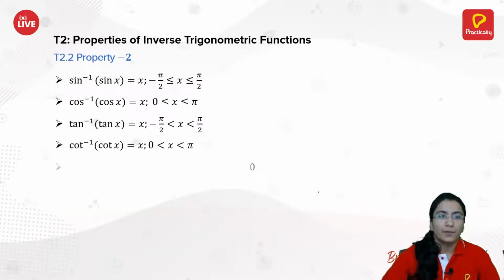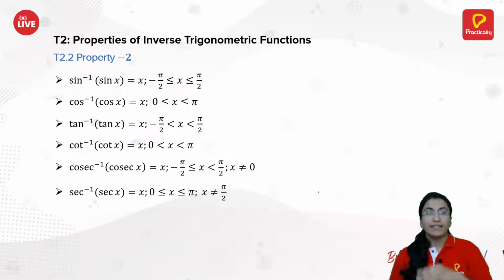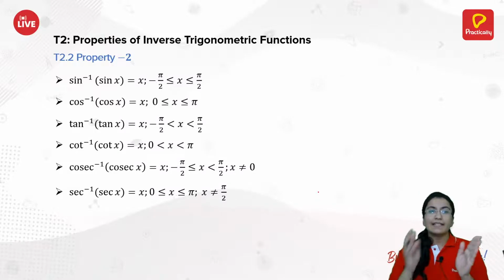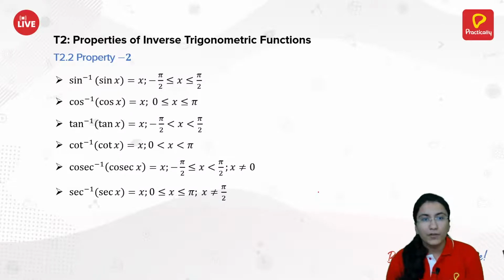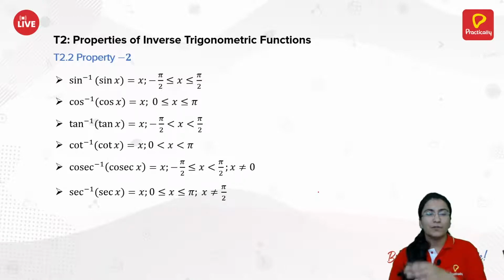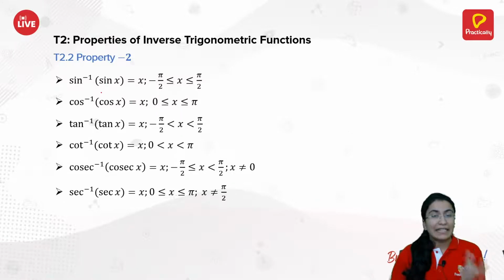Okay, next is property 2. In the previous one, we had sine of sine inverse x. In this one, we have sine inverse of sine x, right? Now, how will you remember what x values have to be supplied here so that you get the value of the function again as x?